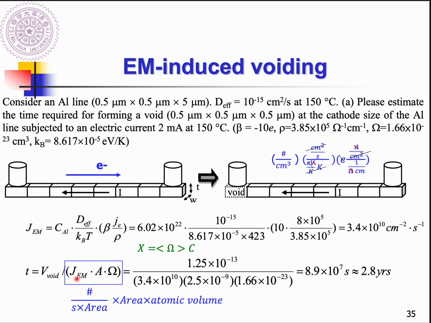So the difference between the vacancy flux and the atomic flux or alumina flux is the sign. So here I didn't put the minus, because the one we want to put here is actually the vacancy flux. We just calculate the alumina flux to replace the vacancy flux.